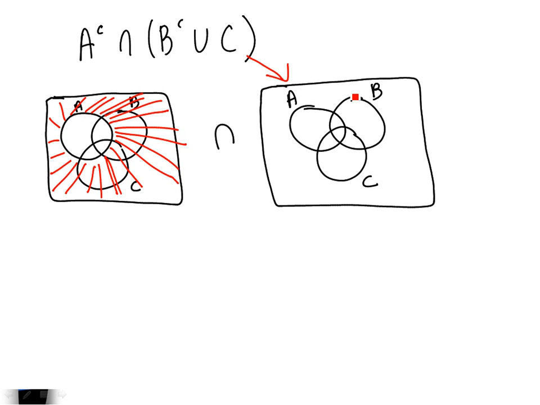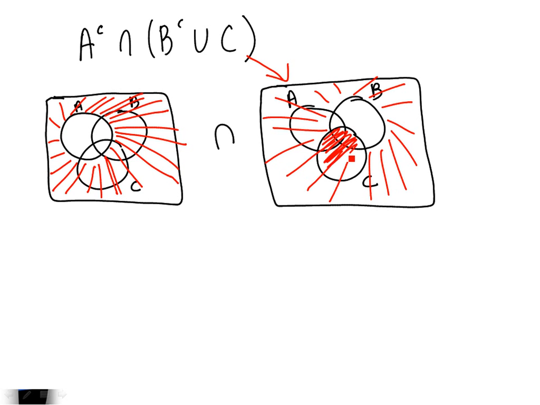B complement is everything outside of B. But not only that, all of C. It says union C. So this is all of C here. And since this is union, I'm concerned about all of this. B complement and C at the same time.